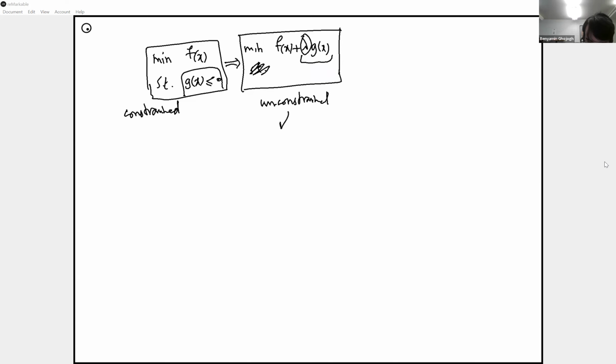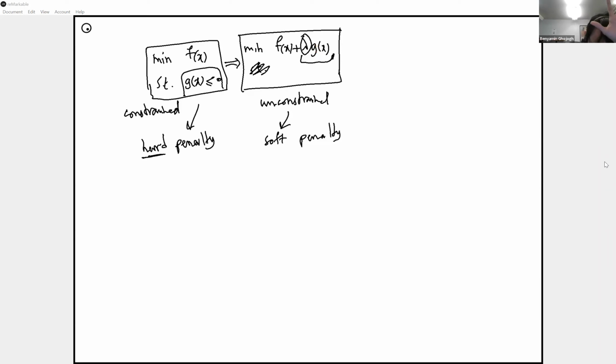But this is a soft penalty. This is a hard penalty. Why is it a hard penalty? Because if you don't satisfy that, it becomes an infeasible solution and you don't accept it. So it's hard. Here, if it roughly satisfies g, or g is roughly small, you accept that.